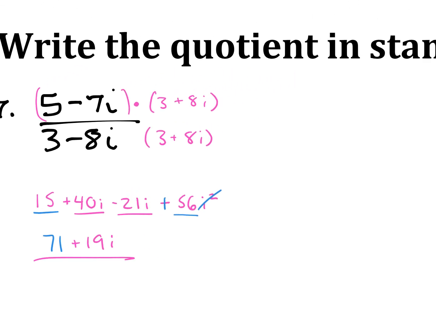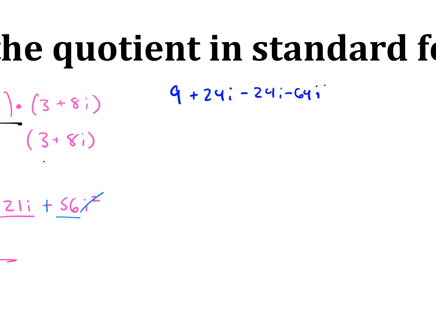Now we want to FOIL the bottom. So I'm going to multiply my first terms. I get 9. The outsides would be 24i. The insides minus 24i. And then the last would be minus 64i squared. The middle parts cancel.